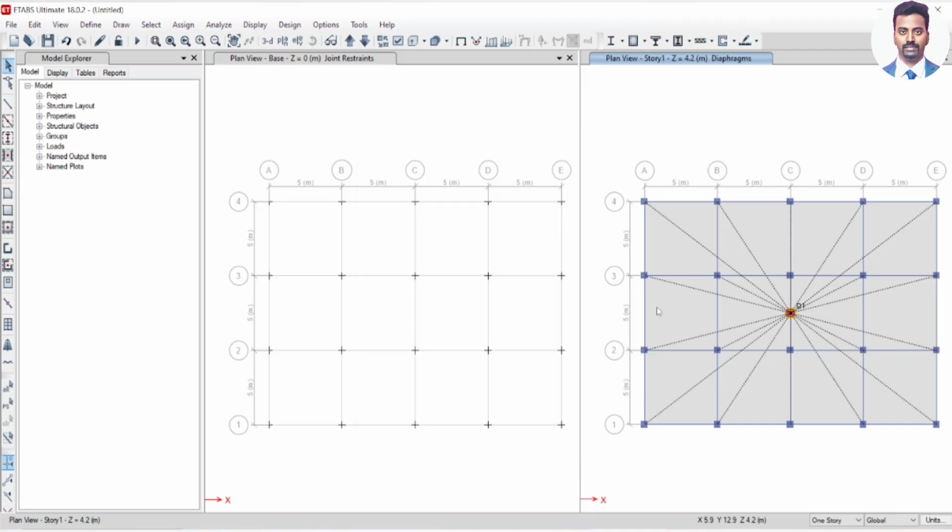So this is the first floor. We are in second floor. You can see story 2, and the third floor, story 3.